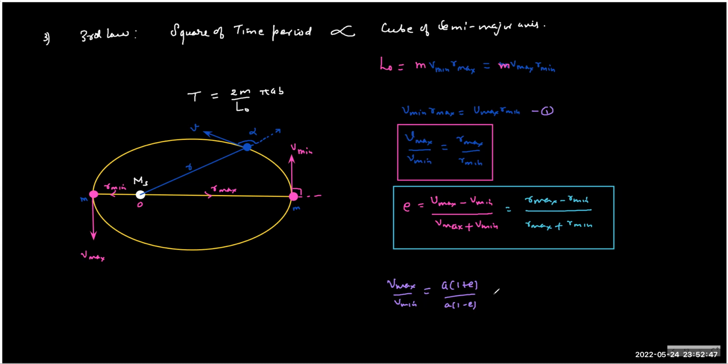So the ratio only depends on eccentricity. Eccentricity is such a famous thing in the elliptical orbit case. So V max upon V min is actually this ratio, 1 plus e upon 1 minus e. You can again use componendo and dividendo.